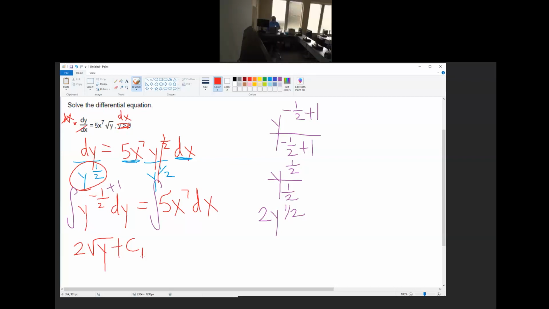Now let's do the same thing to the right side with the x. Again, we'll add 1 to the original exponent, and that's what we divide by, the new exponent. So that gives us x to the 8th power all over 8.